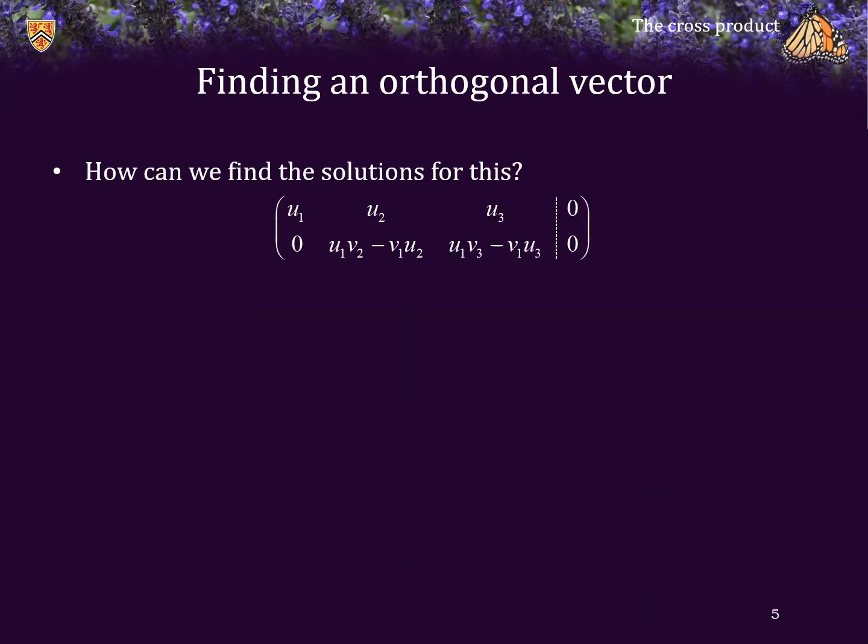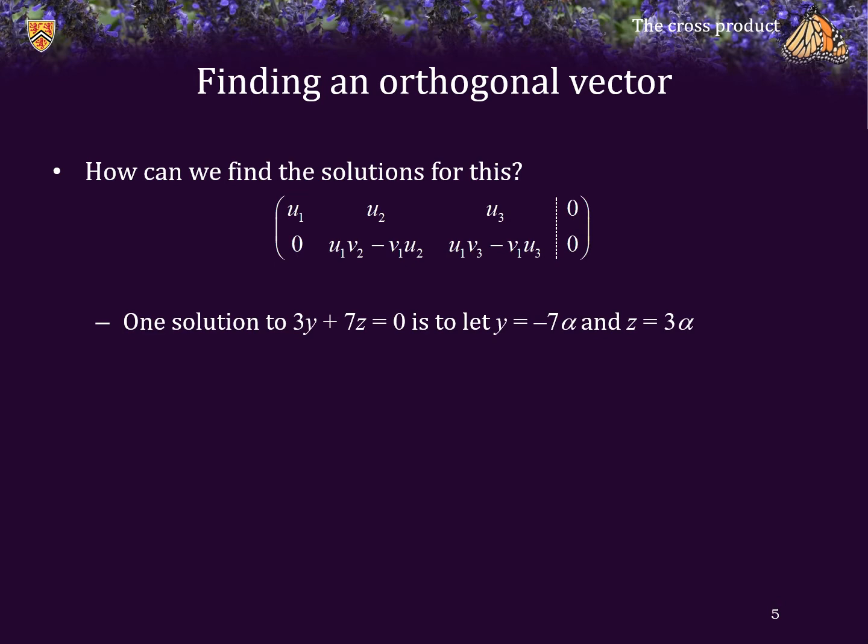Now that this augmented matrix is in row echelon form, how would we normally go about solving? Well, we would declare w3 to be a free variable, and we would then substitute w3 into the second equation and proceed to solve for w2 and then w1. However, we're going to do something slightly different. We're going to introduce a new free variable. So suppose we have the equation 3y plus 7z is equal to 0.